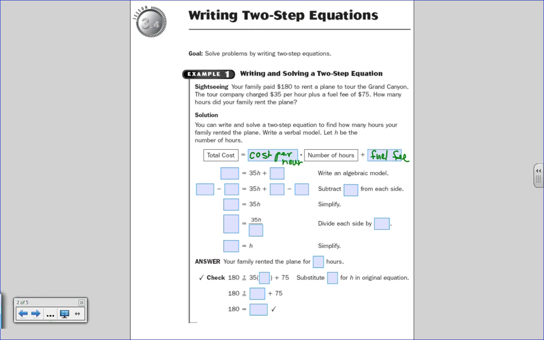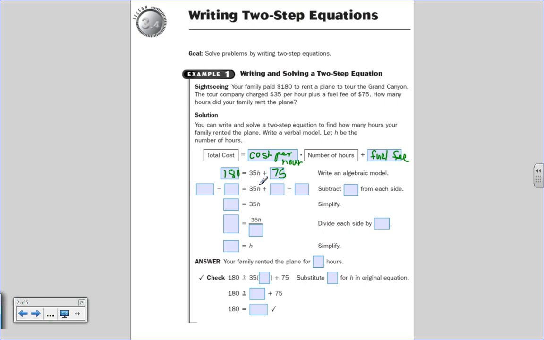So that's how you get your total cost. So they told us in the problem, total cost was $180. So that's what we're going to fill in for total cost. The cost per hour was 35, and we're multiplying by the number of hours, which we don't know. They call it h, 35 times h, 35h. Plus the fuel fee, which was 75 bucks. Okay, so this is our equation.